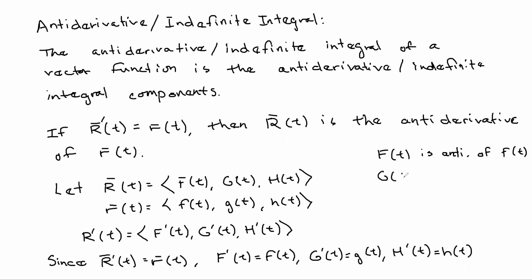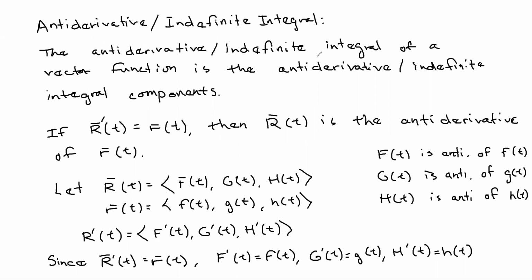Capital G is antiderivative of lowercase g, and capital H is antiderivative of lowercase h. And that completes the explanation. That completes the proof. That's what we said.